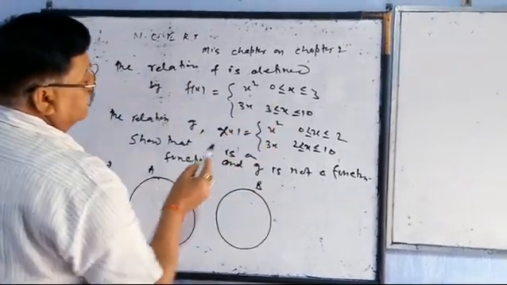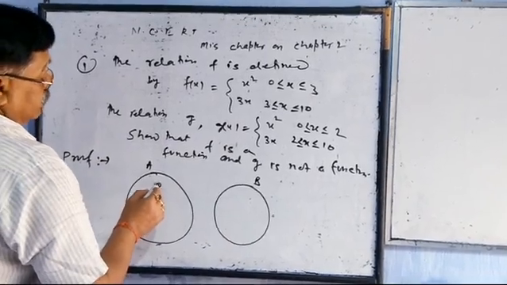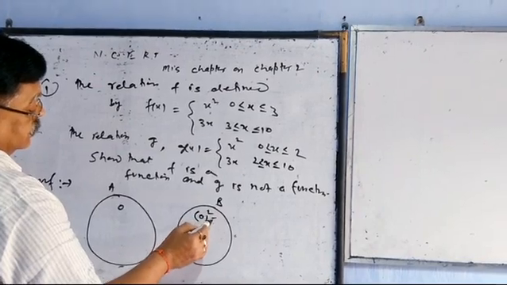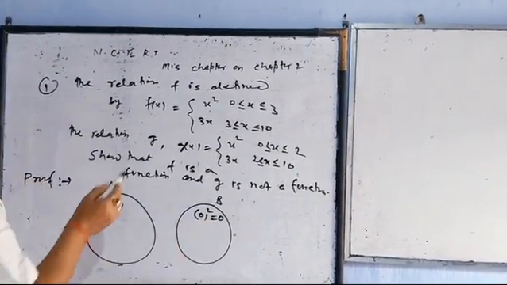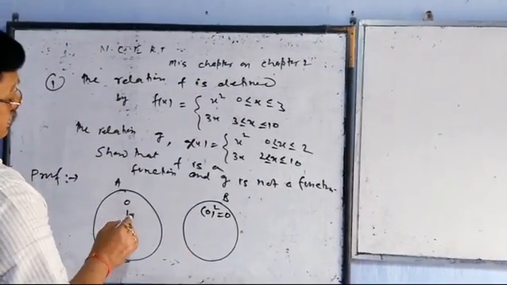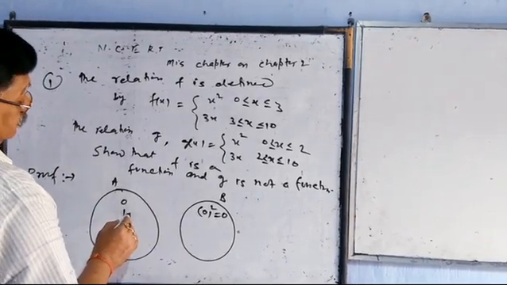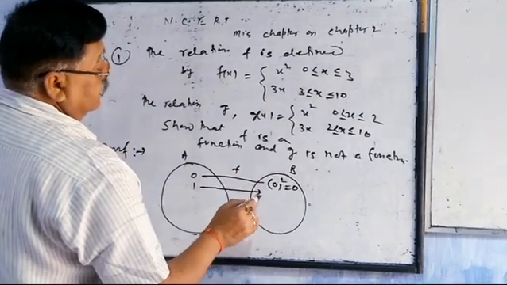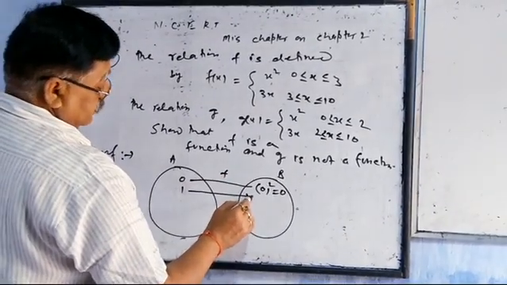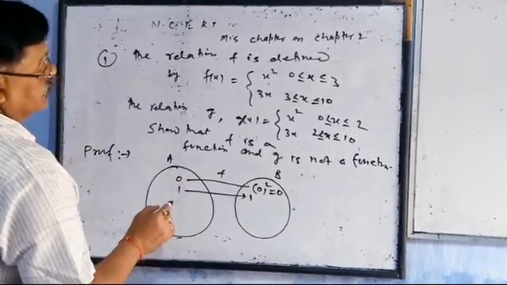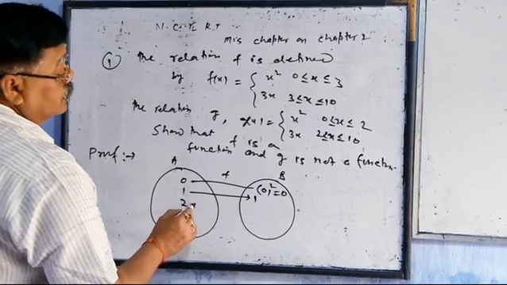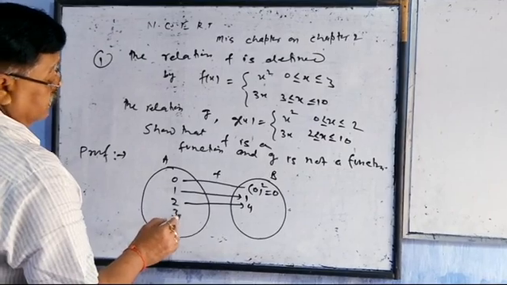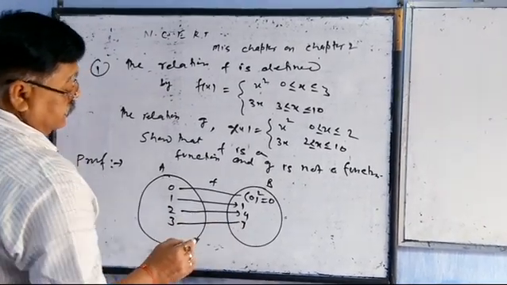We take x as 0, so 0 square is 0, and x as 1, so that is 1 under function f. 1 square is 1, we take 2, so 2 square is 4, we take 3, 3 square is 9.